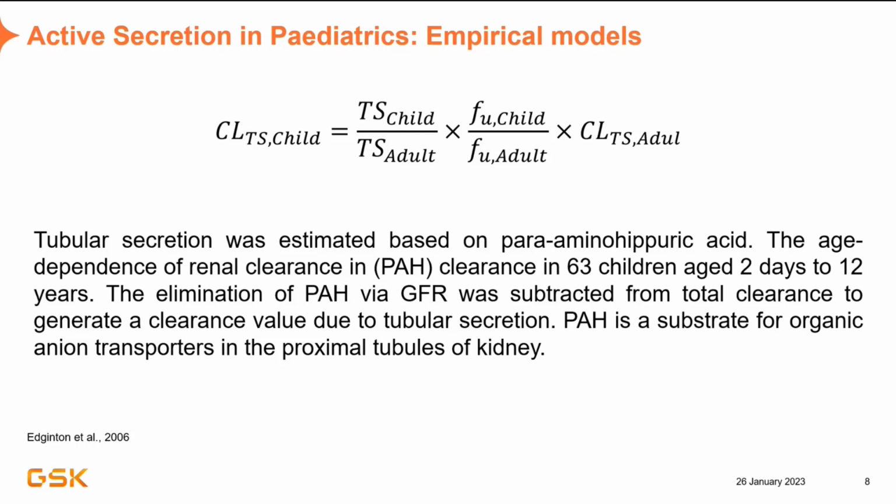You can see that the active tubular secretion in children is calculated as the tubular secretion of para-aminohippuric acid in children relative to adults, corrected for the fraction unbound, and then multiplied linearly by the adult value. So there are quite a lot of assumptions here. This is the simplistic approach, and that is why it is important to know more about these active mechanisms.